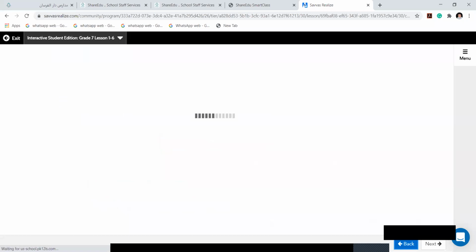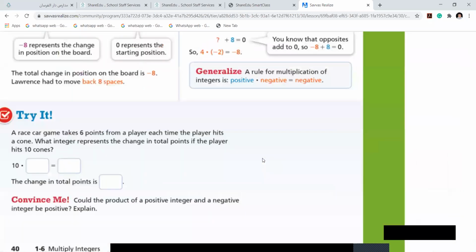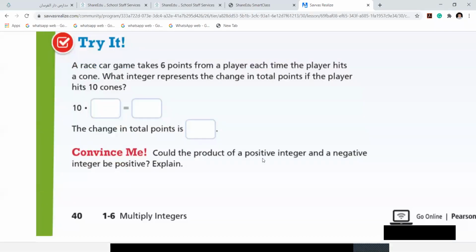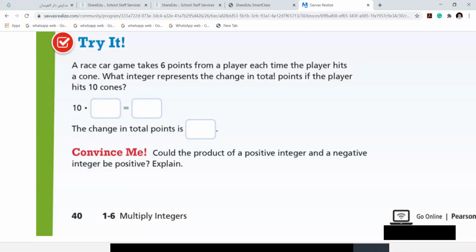Okay? Now let us get back to page number 40 and let us read this question. Noor, can you read this question for me here? A race car game takes 6 points from a player each time the player hits a cone. What integer represents the change in total points if the player hits 10 cones? They told 6 points.